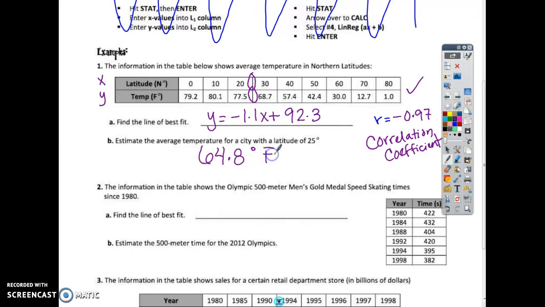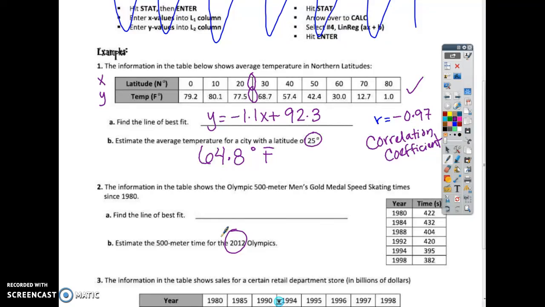Degrees Fahrenheit, because this is the latitude and then this is the temperature. So if our latitude is 25 degrees, then our temperature will probably be 64.8 degrees Fahrenheit. Okay? So again, you type the table, you find the line of best fit, you type the line of best fit in Desmos so that you can make predictions for whatever numbers they're asking you for.